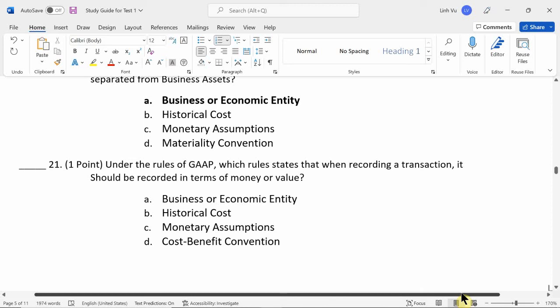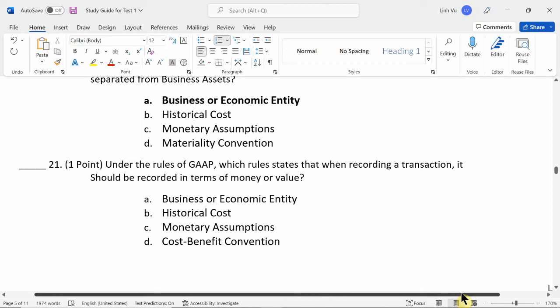Historical cost tells me that when I purchase an asset, I have to record it for its fair market value at the time I purchased it. Meaning, if it's $50,000, I have to record it at $50,000. Would it be C?